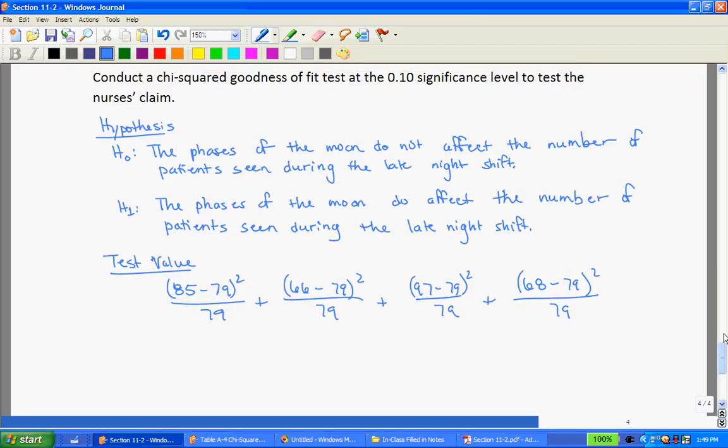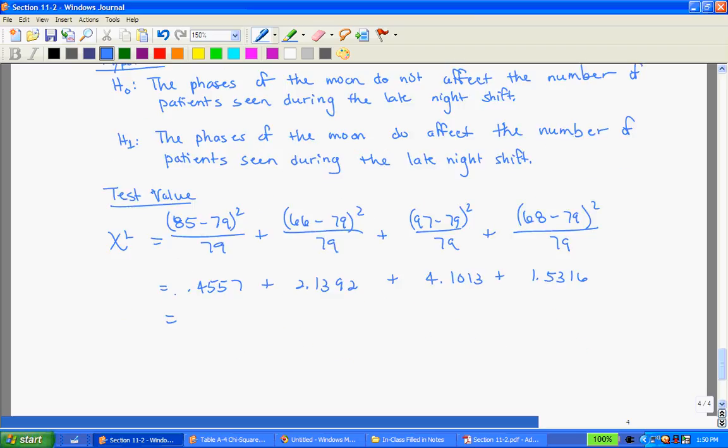Okay, let's see what we get for each of those. So this is my chi-squared statistic. And I'm getting 0.4557 plus 2.1392 plus 4.1013 and 1.5316. And then adding those all up, I'm getting 8.228 if I round. Okay, so there's my test value.